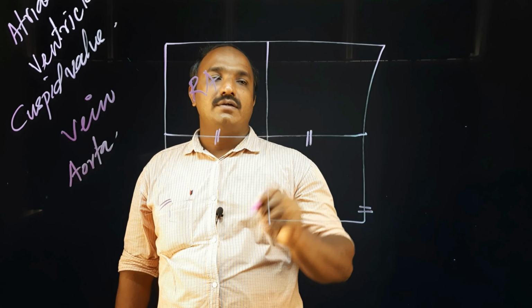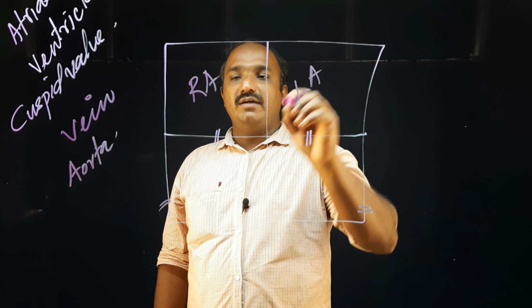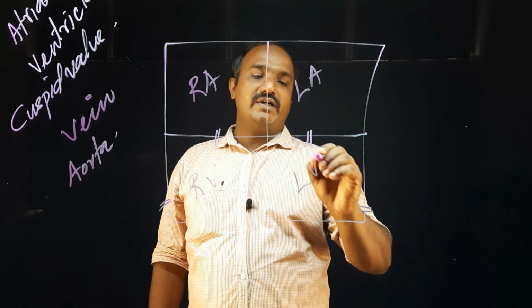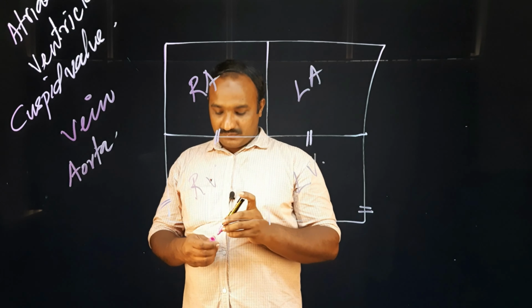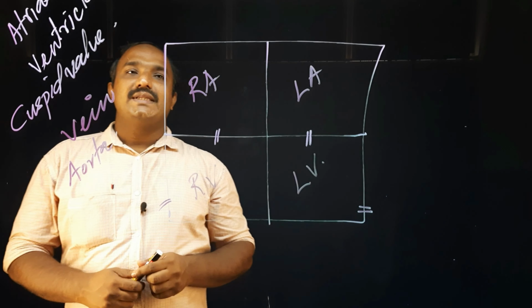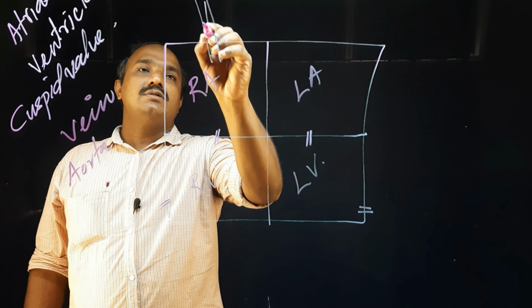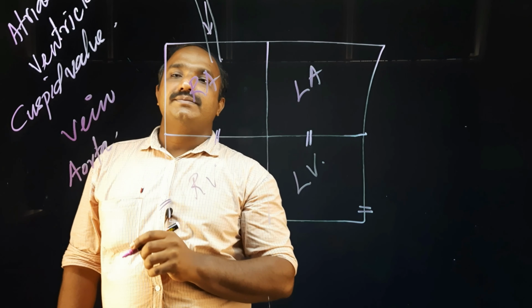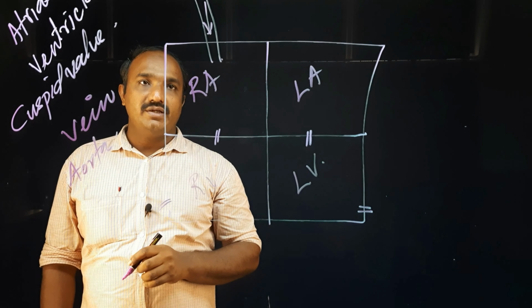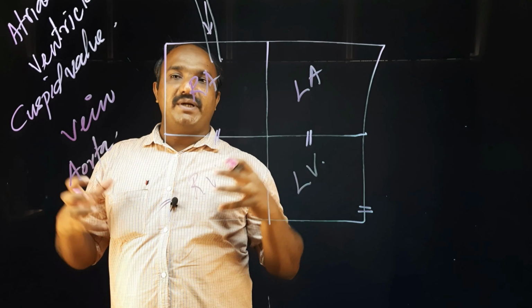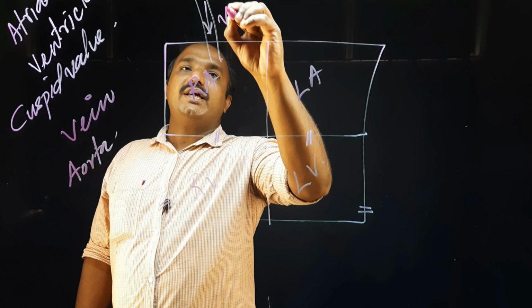This is left atria. This is right ventricle. This is left ventricle. This is the structure. So impure blood will be carried into the heart by what? The vein. And the largest vein which collects all the blood is called the Vena cava.